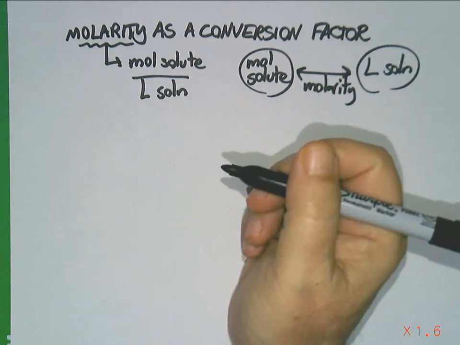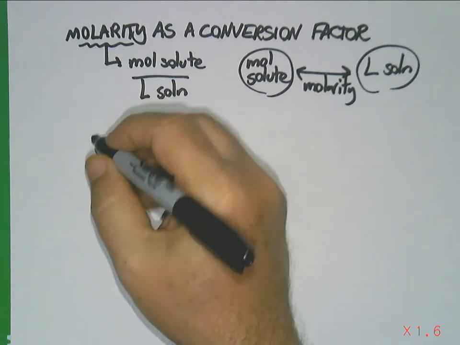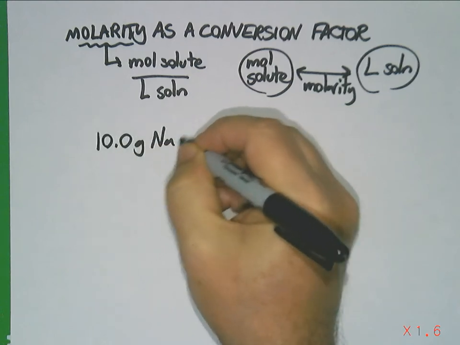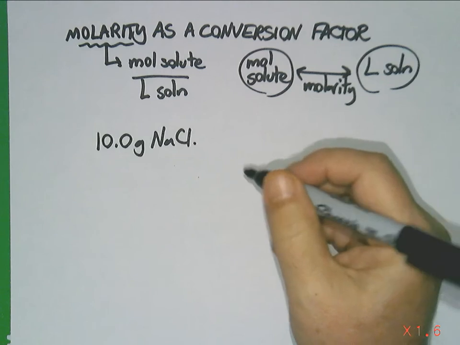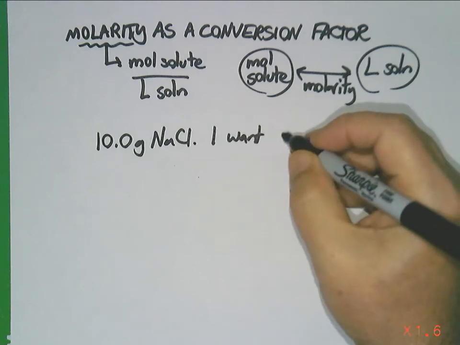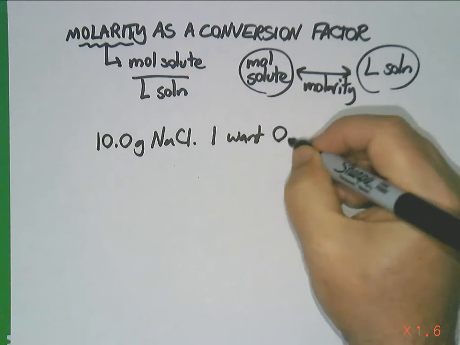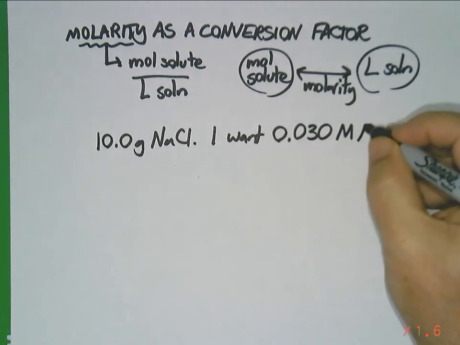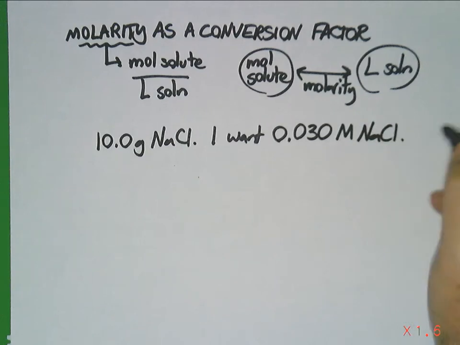Suppose I've got 10.0 grams of NaCl, and I want to make 0.030 molar NaCl from that.